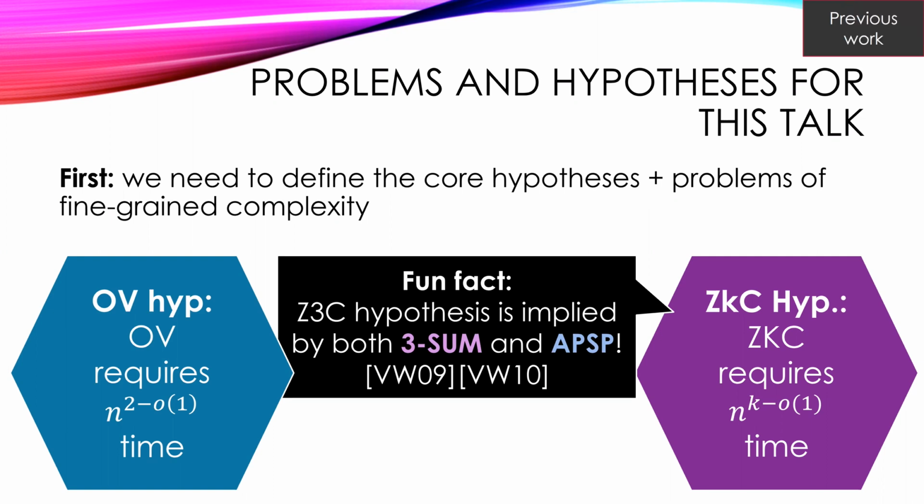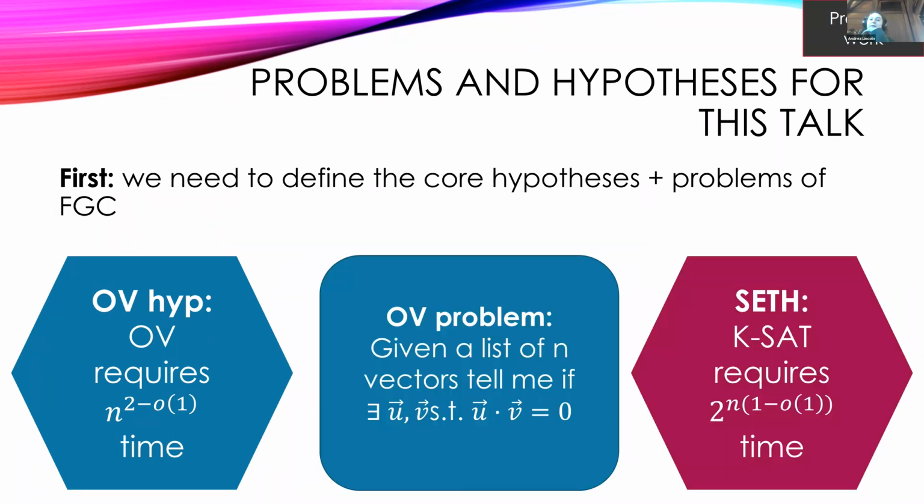So tell me again what OV is. Right, the orthogonal vectors problem, you're given a list of n vectors. You can think of these vectors as being roughly log n in length. They're a little bit larger. And I just want you to tell me if there's two of these that dot product to 0. We can even limit ourselves to the case where the vectors are 0, 1 vectors, and this problem is still hard from SETH.